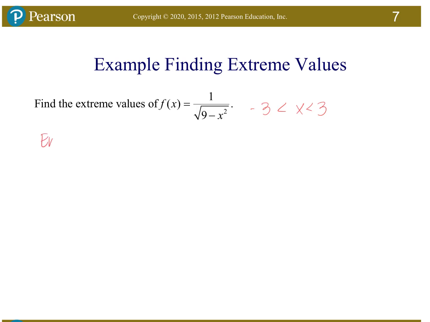So then when I go to check my endpoints, there are none, because I don't have any closed interval, so I don't have endpoints that will be part of my candidates. So then I'll go on to the critical points. So f prime of x is going to be -1/2 times (9 minus x squared) to the -3/2 times -2x.